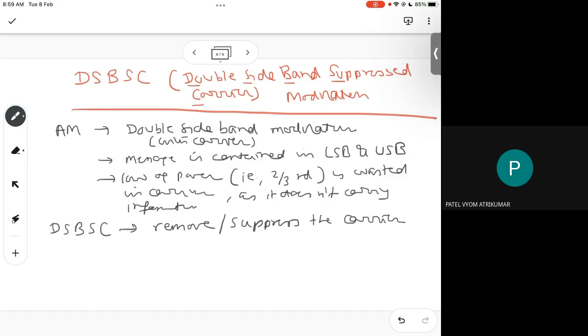So if I remove the carrier signal from the AM wave, we get the double sideband suppressed carrier.